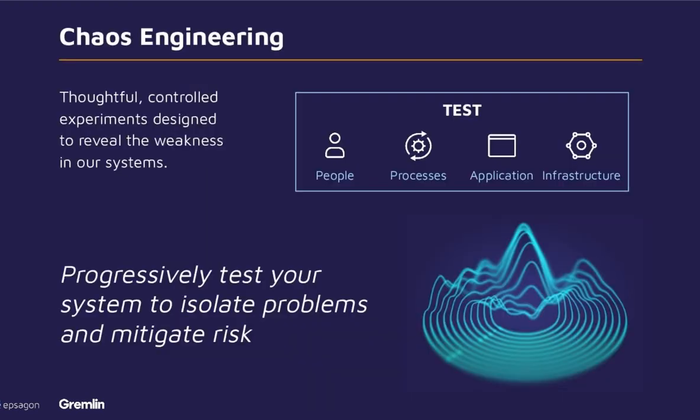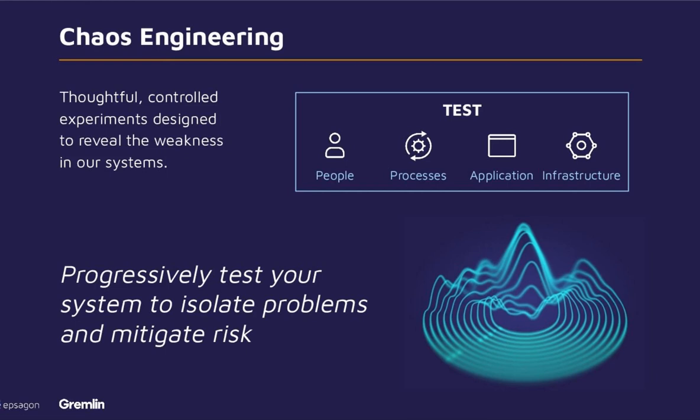At Gremlin, we believe that chaos engineering, the thoughtful, controlled experiments that are designed to reveal weaknesses in our systems, are the best way to test our people and processes, to test failure at the application and request level, and test things at the infrastructure and network level. Now, let's pause for a moment and clarify what we mean by chaos engineering, because there's a lot of confusion, I think, coming out of the V.1 of chaos engineering from Netflix with Chaos Monkey, which most people are familiar with, which is that we're randomly injecting failure into our systems, or some sort of haphazard, chaotic way of identifying failure.